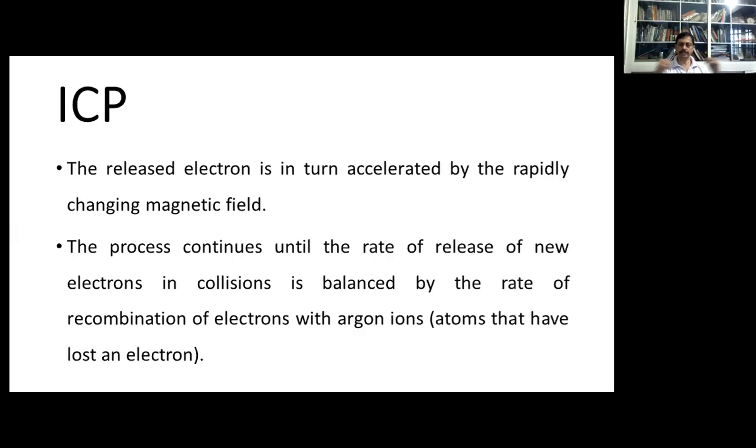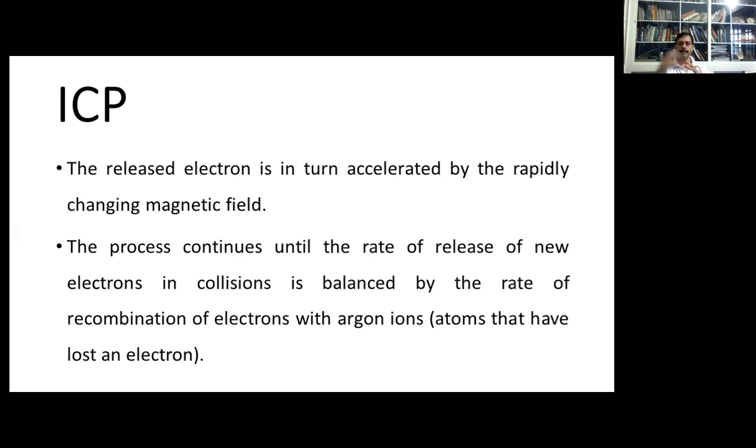This process continues until the rate of release of new electrons in collisions is balanced by the rate of recombination of electrons with argon parents. You know that once the electrons are knocked out from the orbit, atom gets excited, becomes ion, and it will try to return to an unexcited ground state.